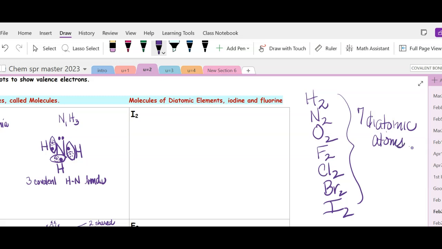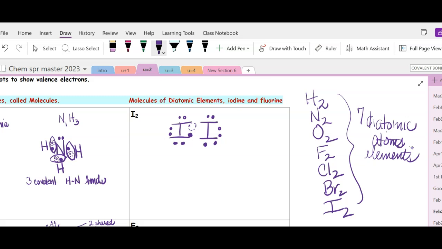All right. Oops. Not atoms, but elements. And when 2 of them are bonded together, they create a molecule. So let's show how this works with iodine. We know iodine has 3, 4, 5, 6, and then it has this vacancy here, right? But another iodine has exactly the same vacancy, doesn't it?